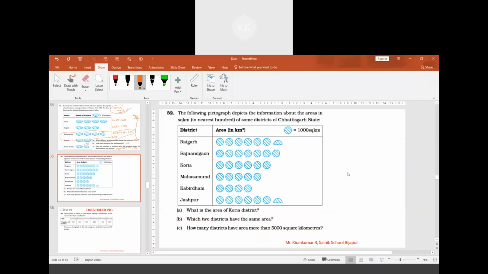Next pictograph is related to area, and the areas are mentioned using this circle-like thing. If this indicates 1000 square kilometer, what is the area of Raigad? 6,500, sir.